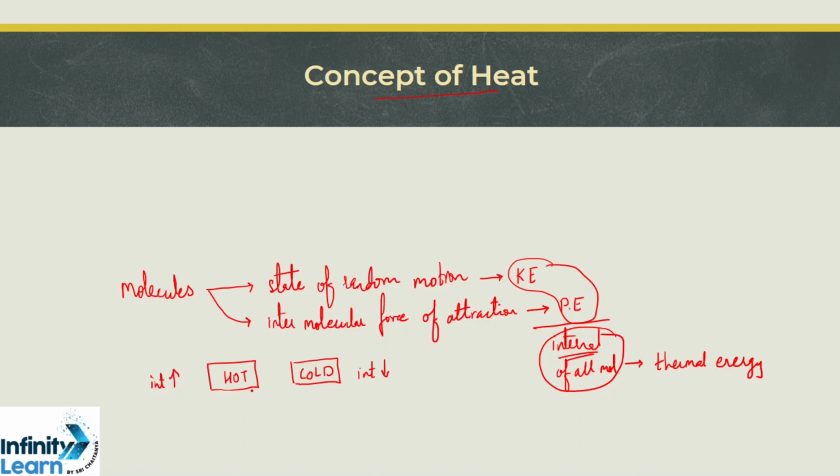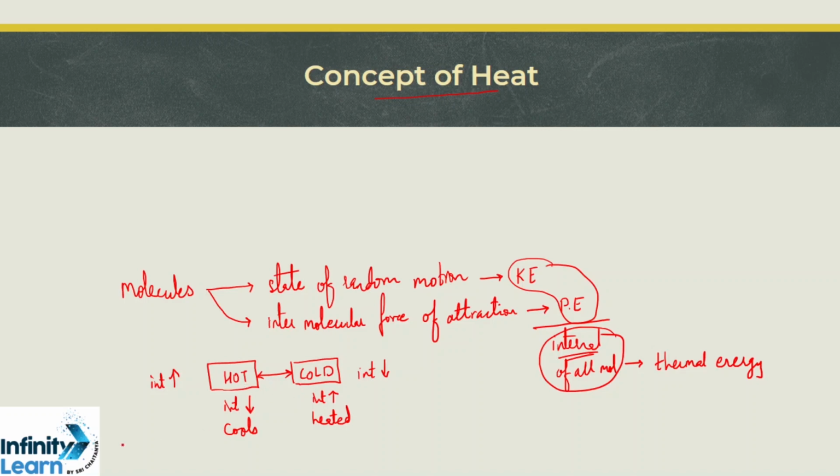Now when we bring these two bodies in contact, what happens is the internal energy of the hot body reduces and it cools down. On the other hand, internal energy of the cold body increases and it gets heated or warms up.